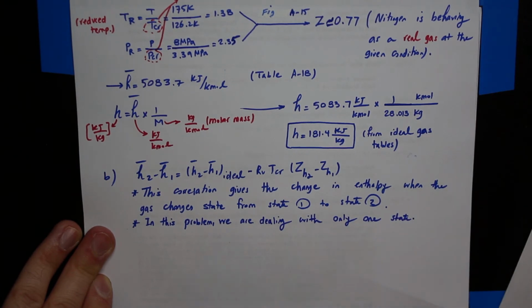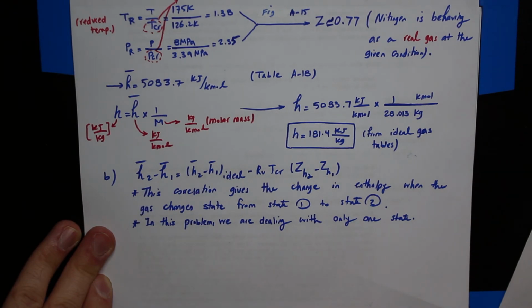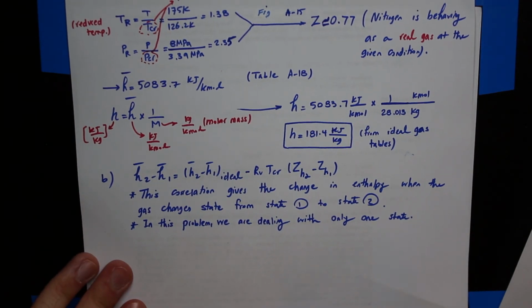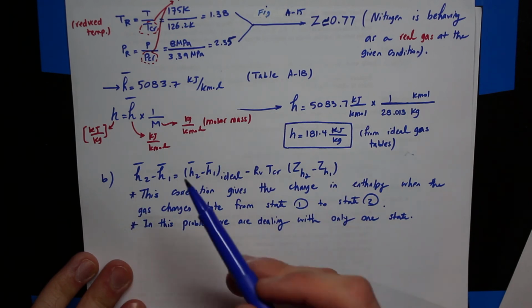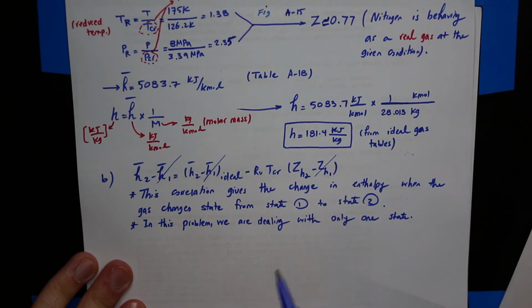So there is no change in state, right? That means I can still use that correlation, but I may need to cancel one of the subscripts. So what I would do, I would go back into the same equation and get rid of all subscript 1s, simply because I'm only dealing with one state.